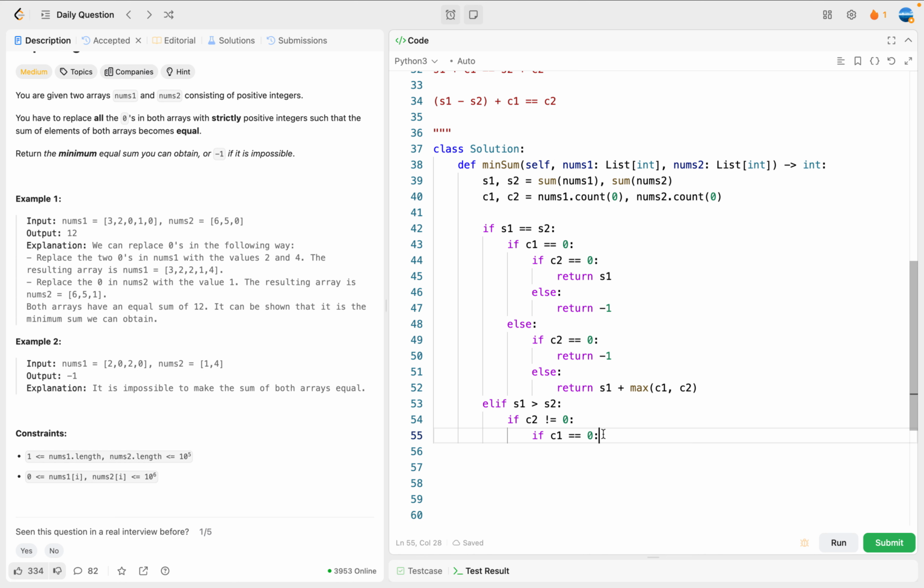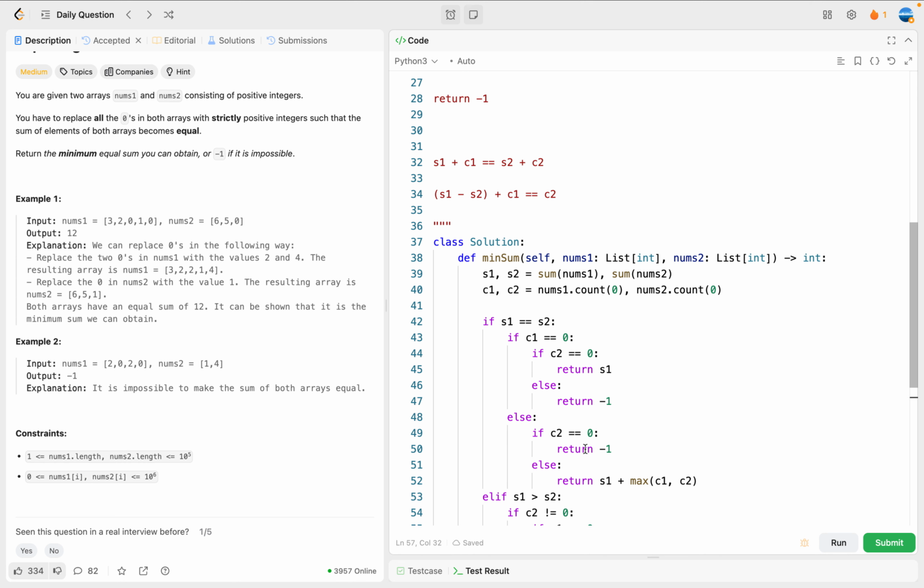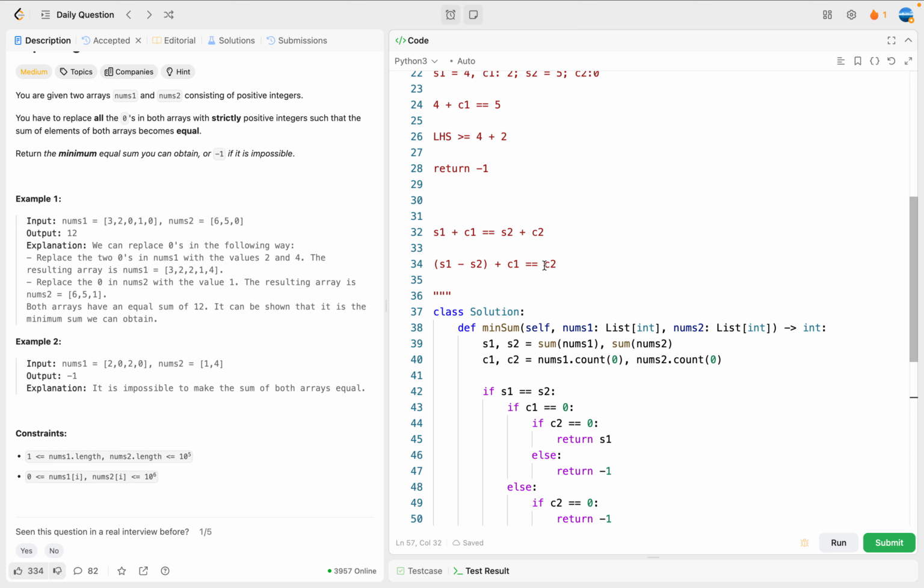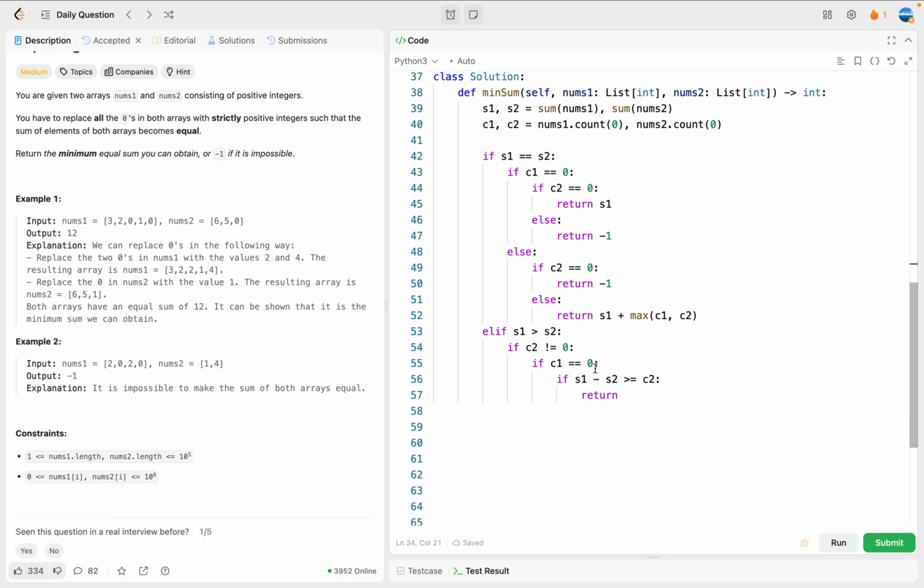So what we want is that if S1 minus S2 is greater than or equal to the count of non-zero elements, then what do we do? We can make the summation, so the degrees of freedom on these numbers, have a sum S1 minus S2.